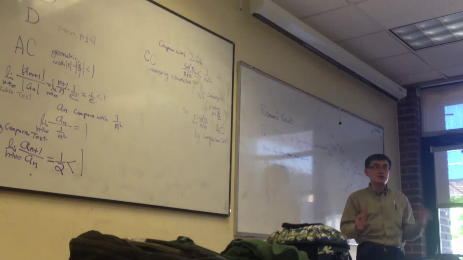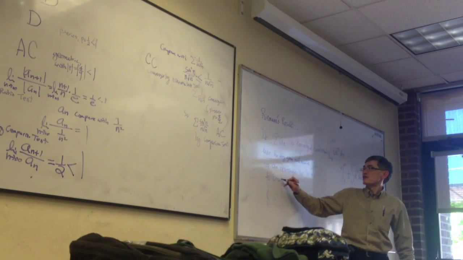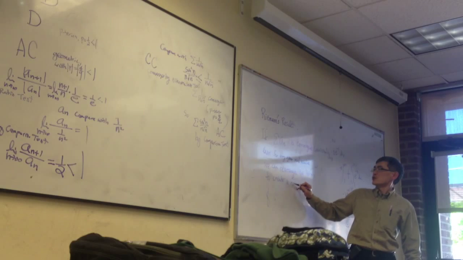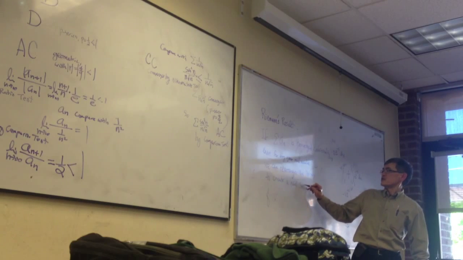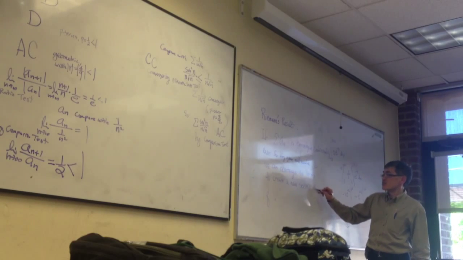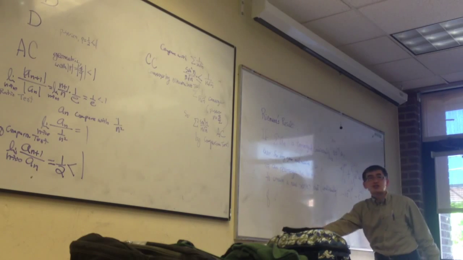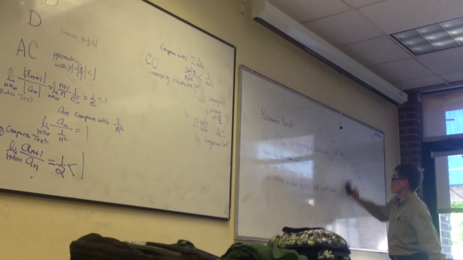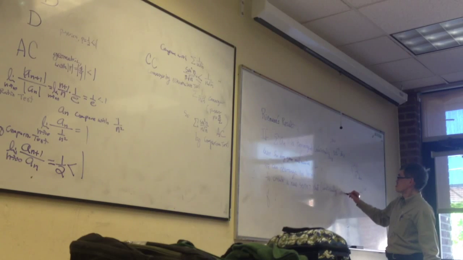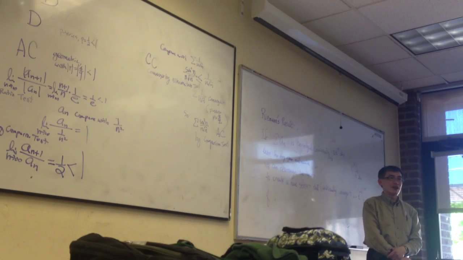You can rearrange them in a certain way to create a new series. Guess what? That conditionally converges to that number that you randomly pick. Did you say 8? Right?